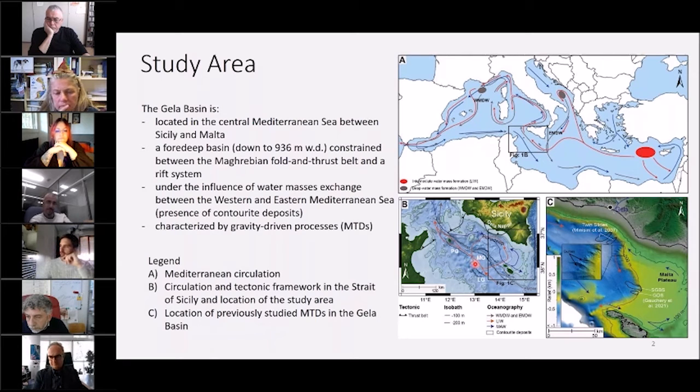So in the central area of the Strait of Sicily, the Gela Basin is also under the influence of the water masses exchange between the western and eastern Mediterranean Sea.